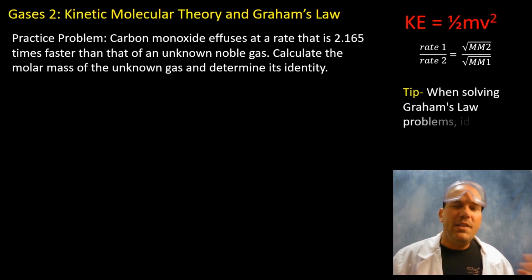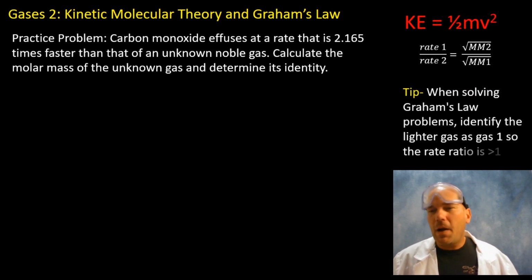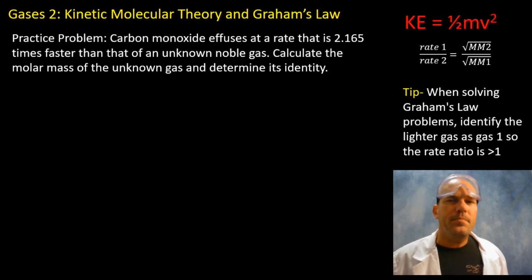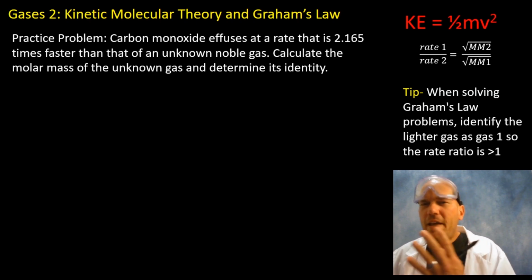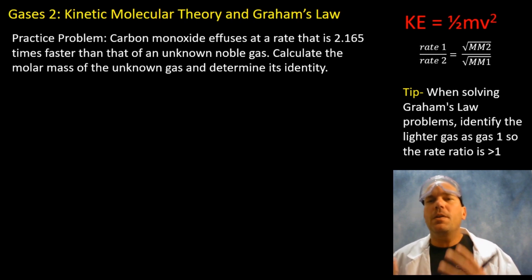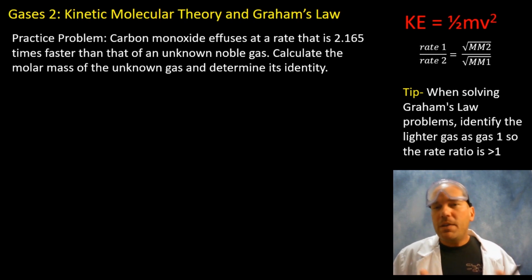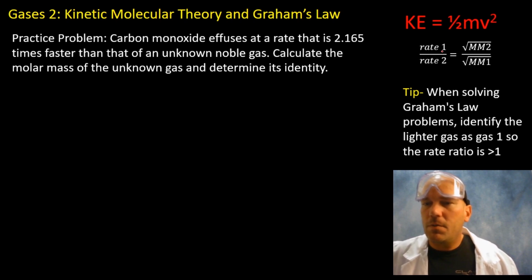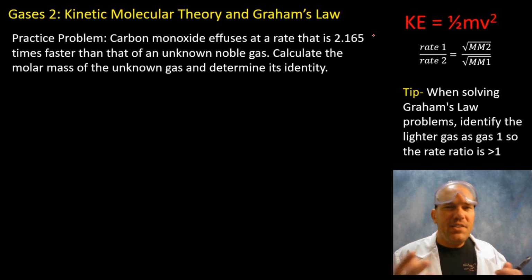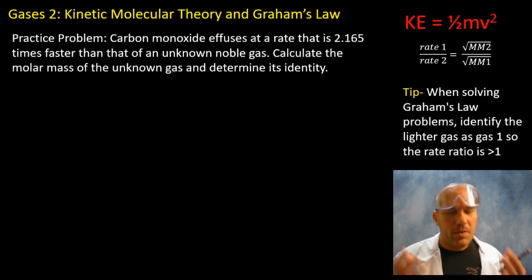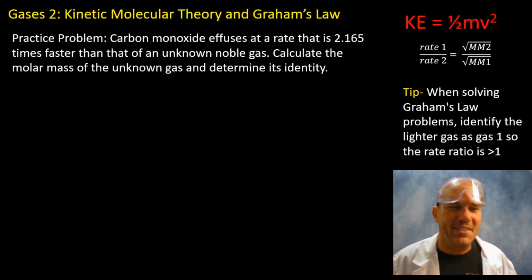First, when solving Graham's law problems, identify which gas is lighter and call that gas 1. So rate 1, molar mass 1 for the lighter gas. What this does is give you a rate ratio that is greater than 1. It's just easier to work with it that way. You can solve it either way, but this makes life a little bit easier.